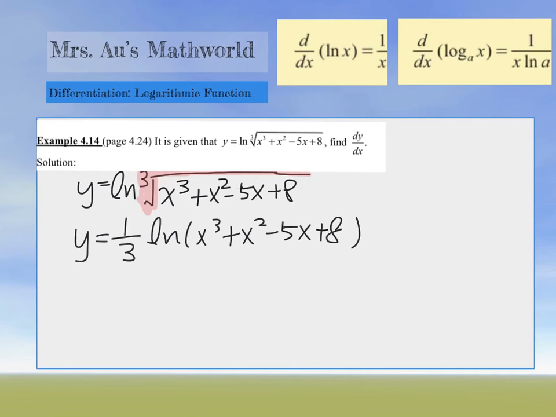So when we want to differentiate, this will be much easier than before.